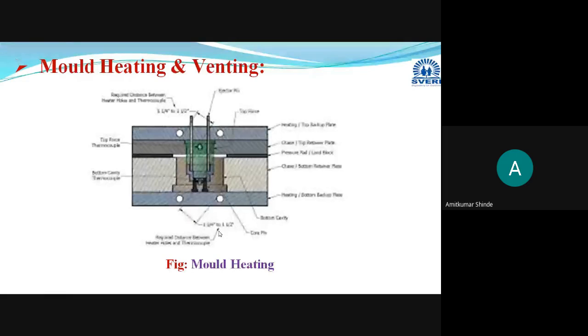Okay, variation is more when you are using electrical cartridge heating, and whenever you are using oil or steam medium, this variation is very less.